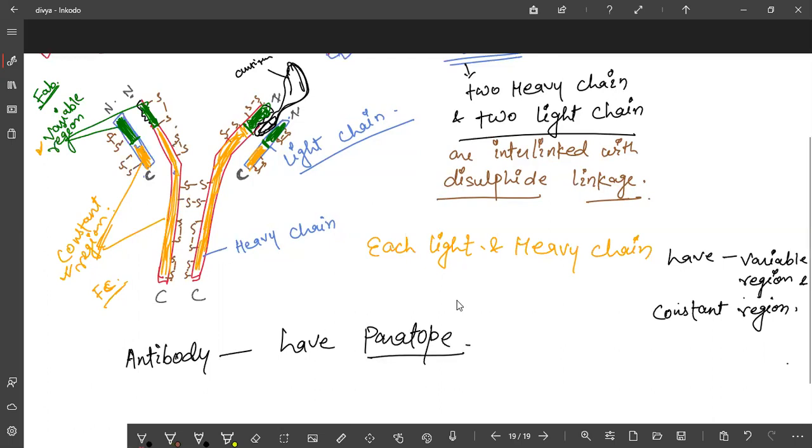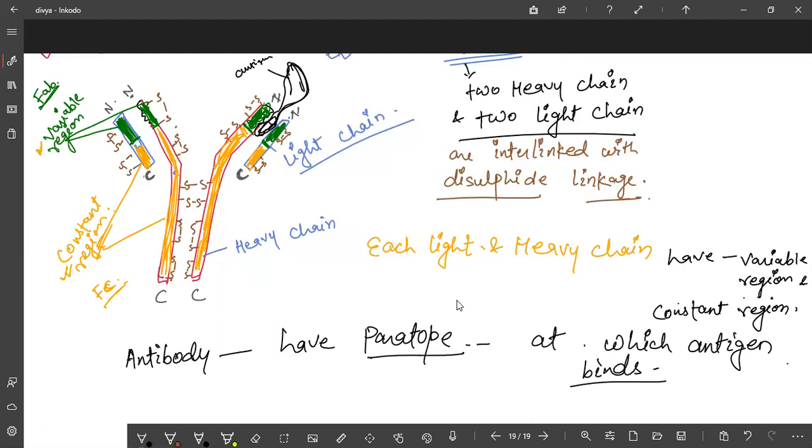Paratope is the site through which antigen binds. In simple words, you can write: at which antigen binds. Is this clear to you?